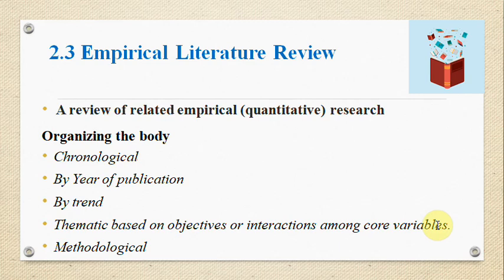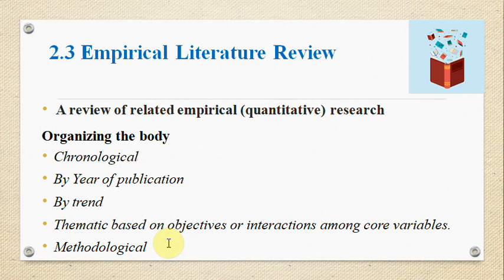All right? Or you can arrange it based on methods. These people used this kind of method to do their research: somebody used descriptive, somebody used inferential but OLS, somebody used inferential but Augmented Dickey-Fuller, the Autoregressive Distributed Lag model.